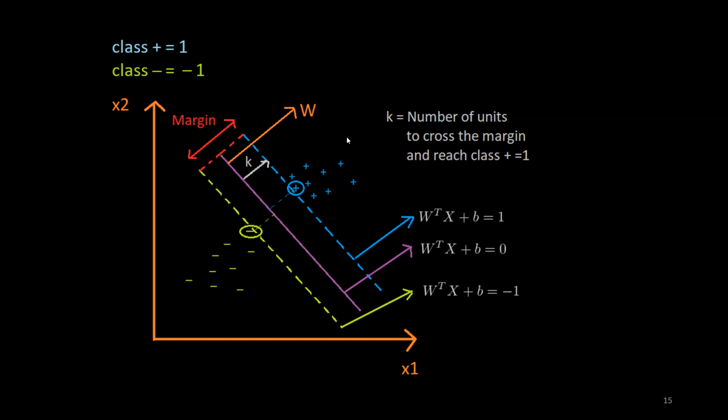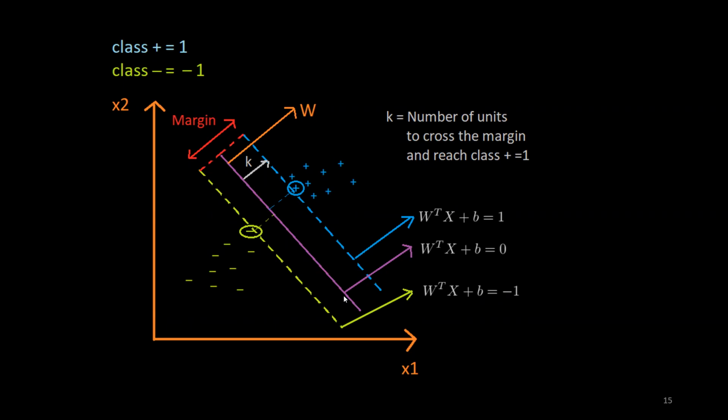This is a very important concept, please concentrate on this. If a point like XA or XB is on the decision boundary and wants to be classified as class 1 or class positive, it has to move in this direction, travel k, and cross this positive hyperplane so that it can become a class 1 label.